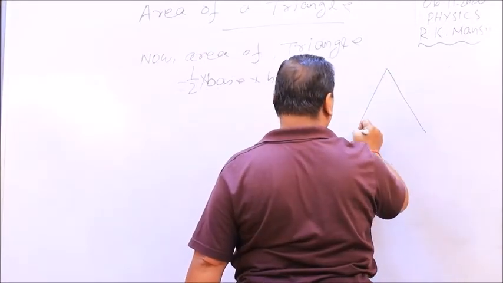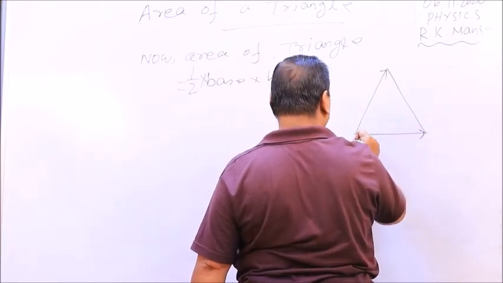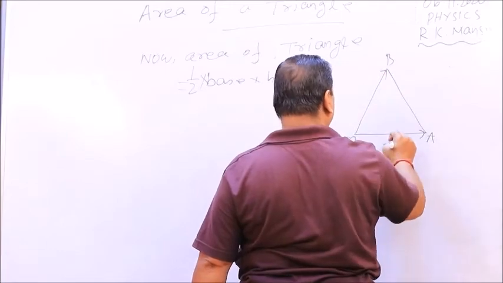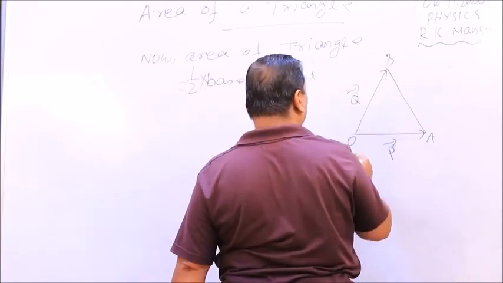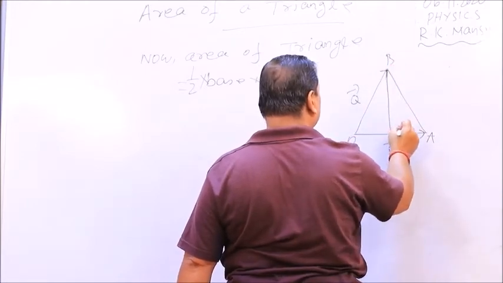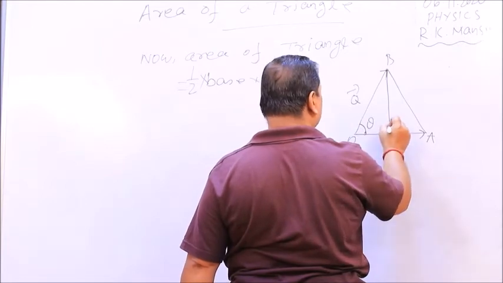Suppose this is the triangle and two sides are given, vector P, vector Q, and this is the perpendicular height, and this is the angle between the two vectors, theta.